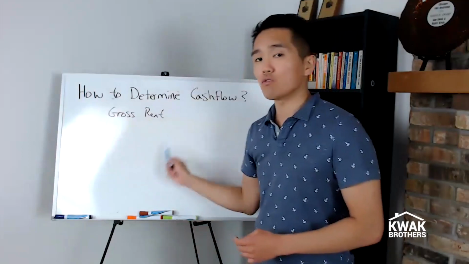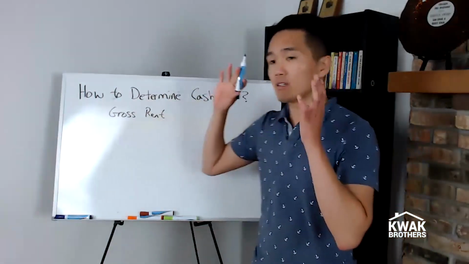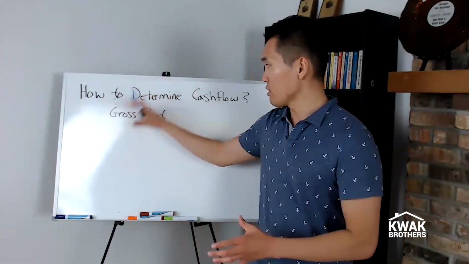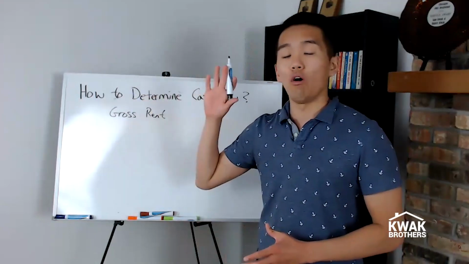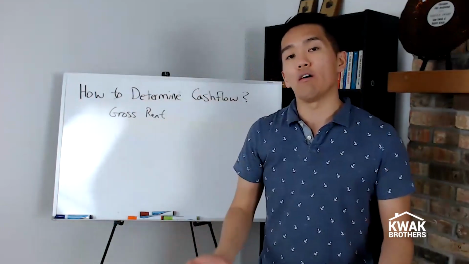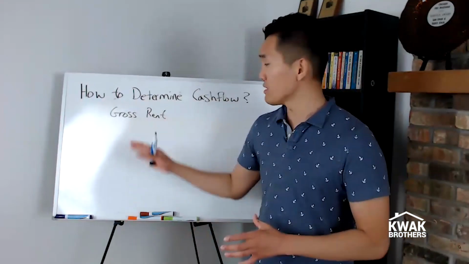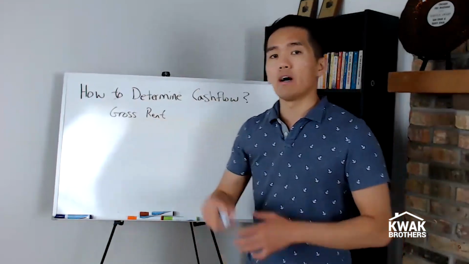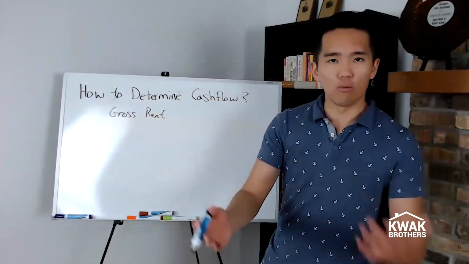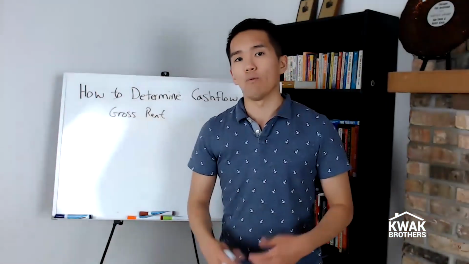That is super huge. This will be covered in another video, but knowing your market rent, your gross rent, will also determine the value of your multifamily property. Not so much with single family, but this is huge when it comes to figuring out your cap rate on an apartment, your multifamily residential properties.